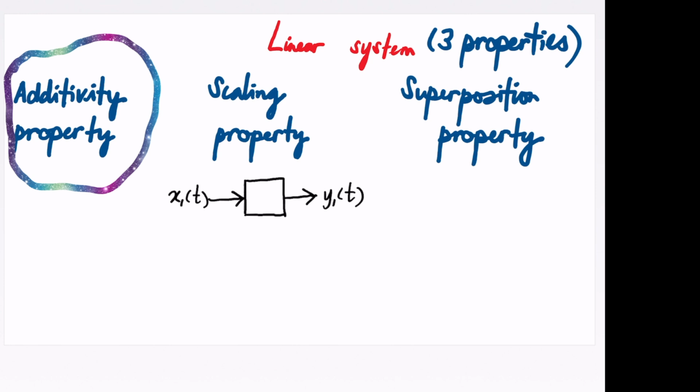Now we have a system that produces y1(t) as the output from the input x1(t). For the same system, if we apply amplitude scaling to the input and the same scaling is also applied to the output, then the scaling property is valid for the system.